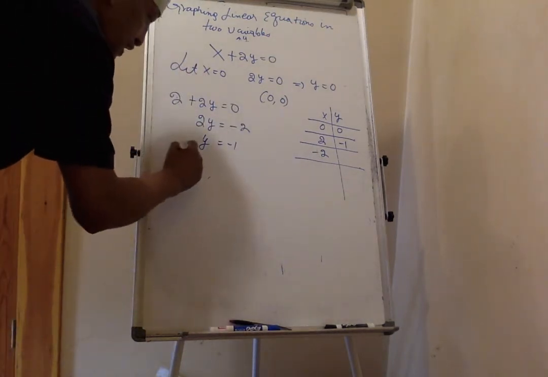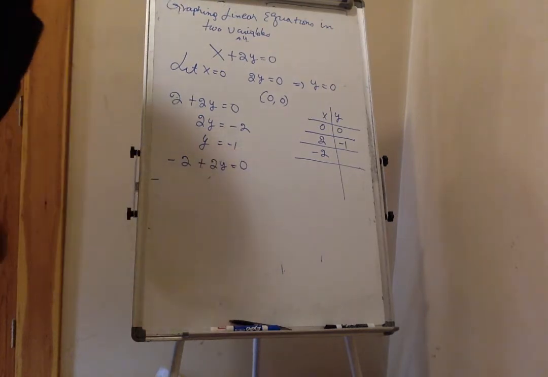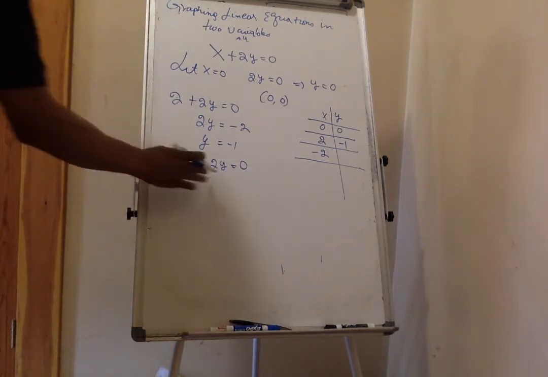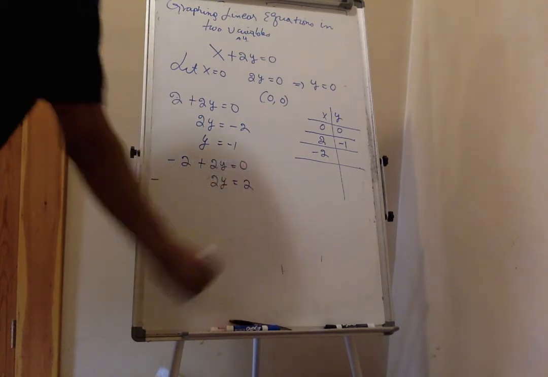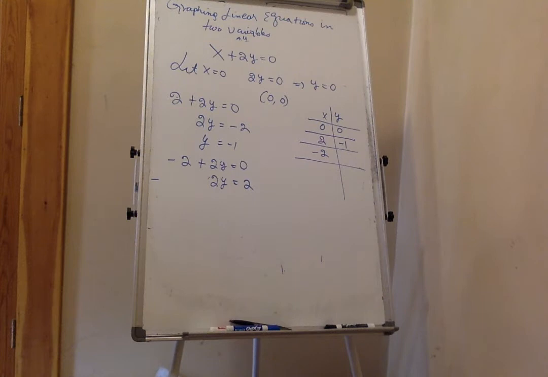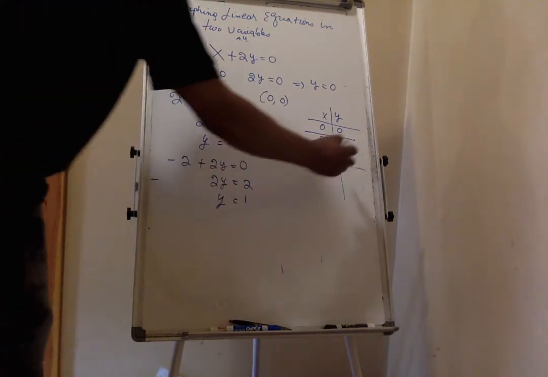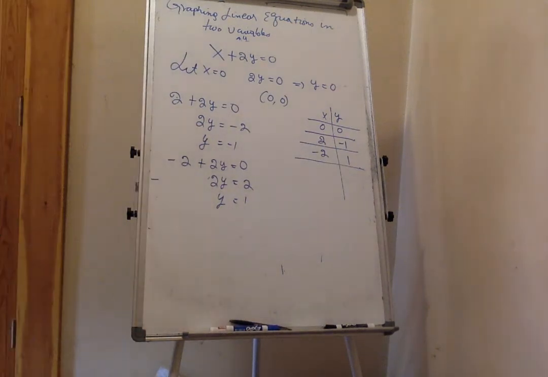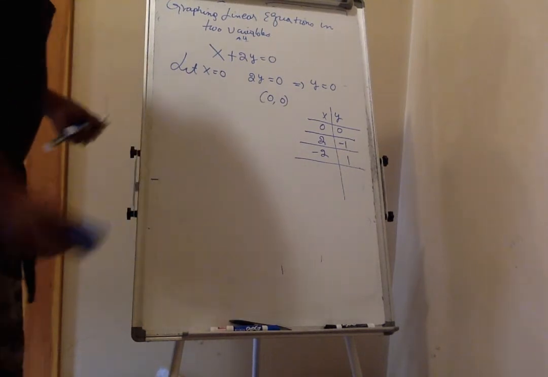So you have negative 2 plus 2y is equal to 0. Then 2y is 2, moving negative 2 to the other side, and y is equal to 1. So you have (2, -1) and (-2, 1). This suffices for us to sketch the graph.